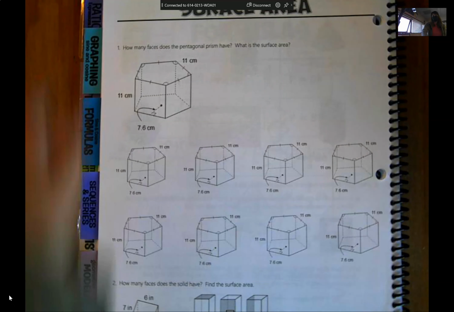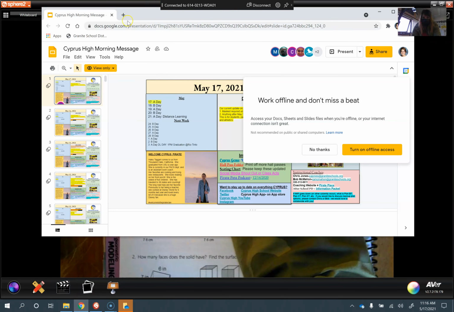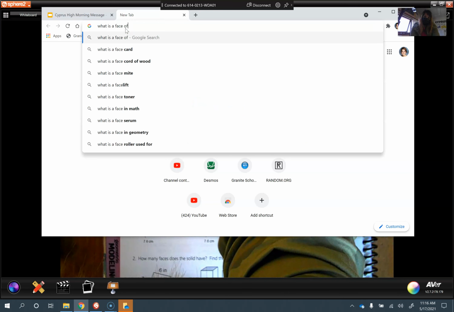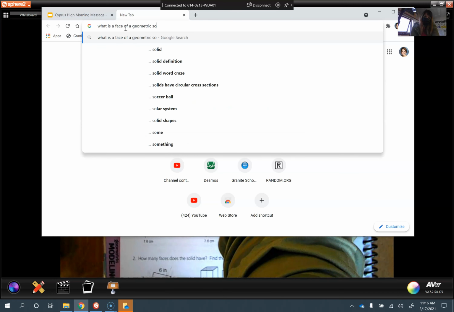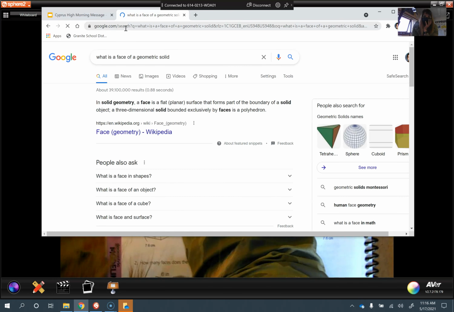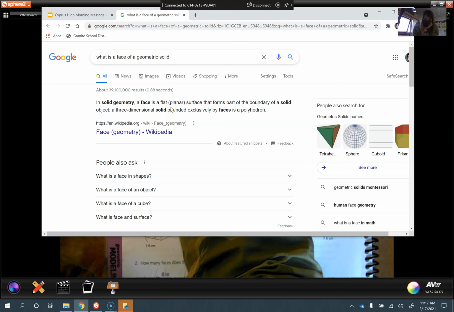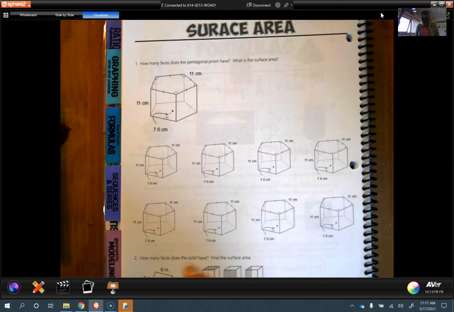None of these are good. Let's Google so you guys can see what I'm Googling. I know there's a really good definition. What is a face of a geometric solid? Oh my heavens. A face is a flat planar surface. I don't like that. Okay, well, I guess a face is just the flat or curved surface. I don't feel like I need to write that down there.